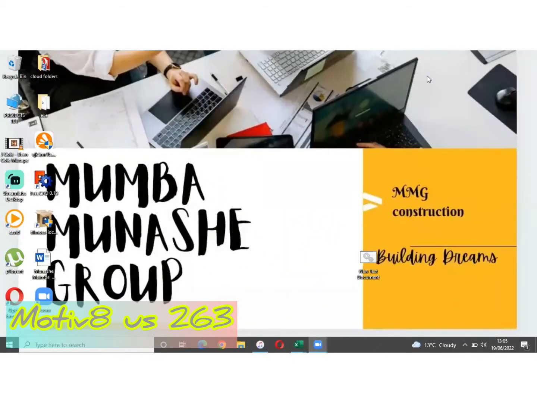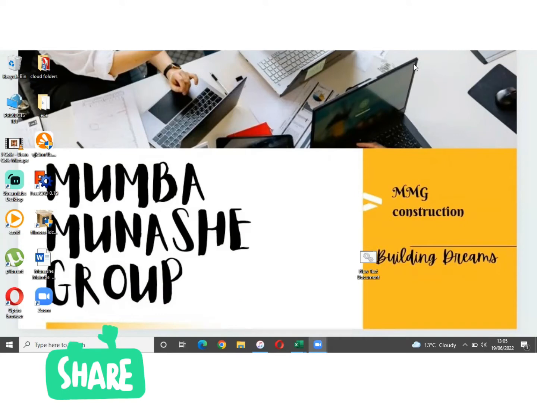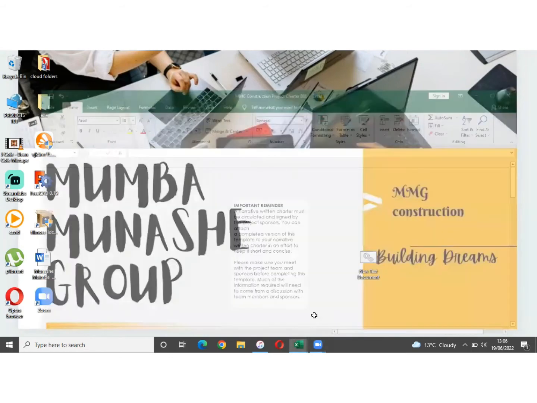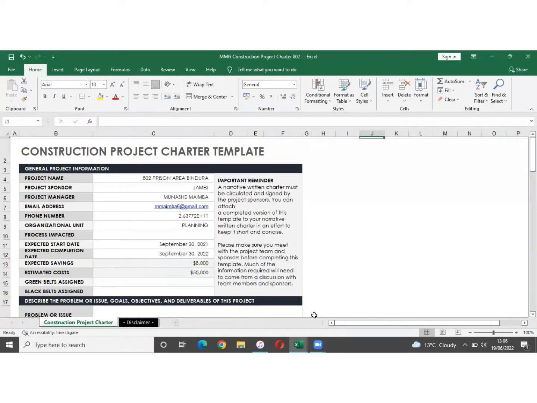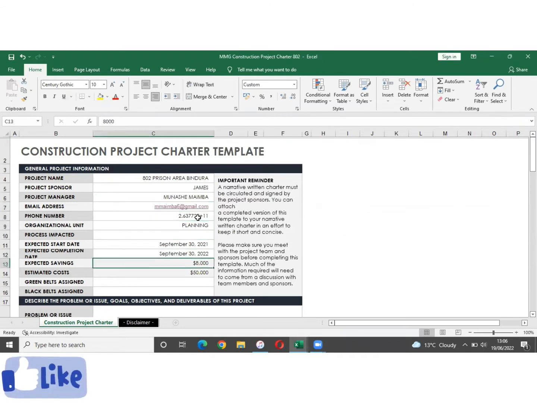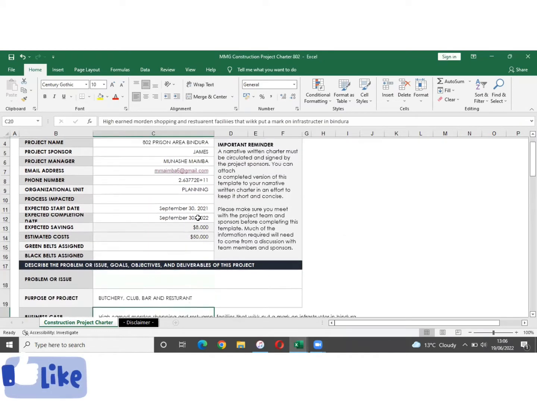The initiating process is the first stage in the production life cycle of construction. It identifies the business opportunity, what we are trying to achieve, and identifies the major stakeholders that are going to be needed in the project. Now this helps us build a project charter which gives us an overview of the objectives, our goals, our problem issues, our deliverables, our scope.